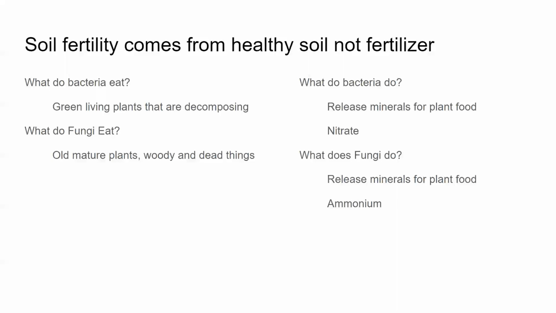So in a good compost that I make, I have 60% wood chips, and then the rest would be bacteria food in the form of green living plants and a little bit of high nitrogen stuff. So if you go 50-50, you'll usually still be bacterial dominant. You need to go more like 60-40 so that you have more of that balance of fungus and bacteria.